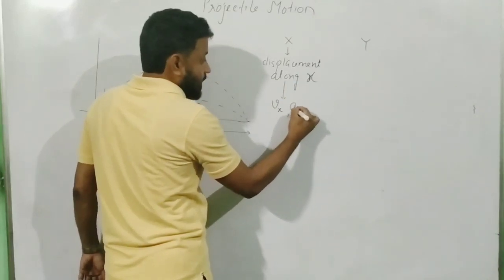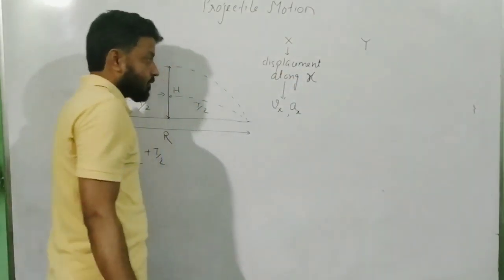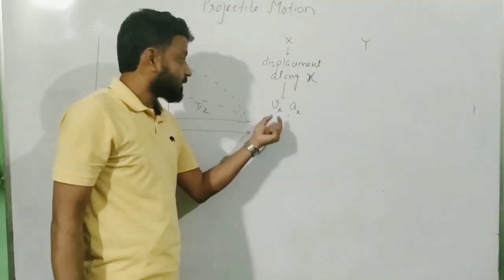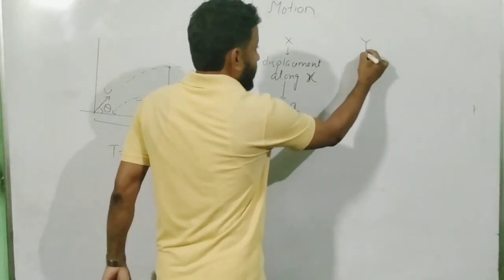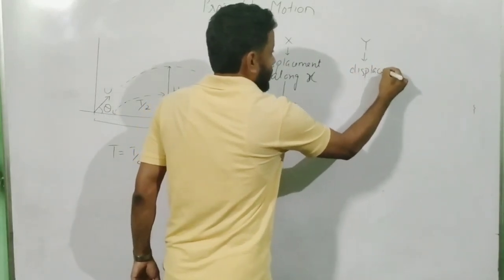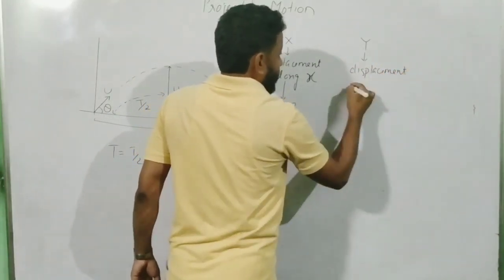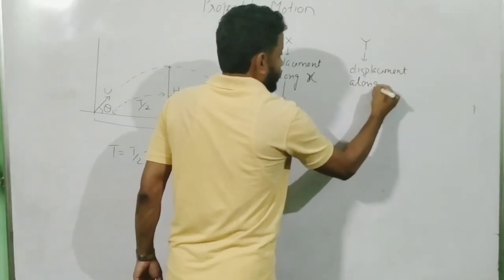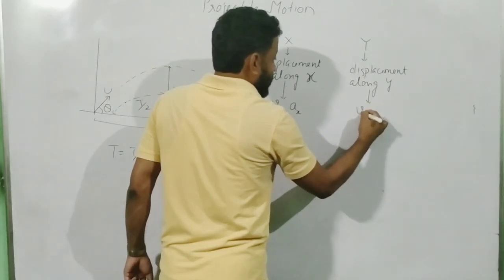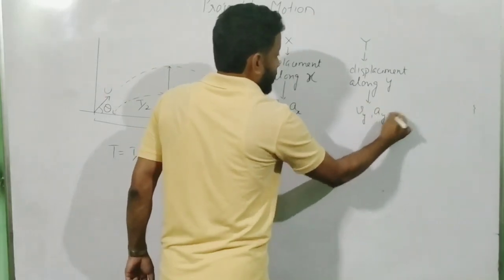The x component will be dealt with using the velocity along x and the acceleration along x. Similarly, if I define y as the displacement along the y direction, that is the vertical direction, then this displacement will be dealt with using the velocity along y and the acceleration along y.